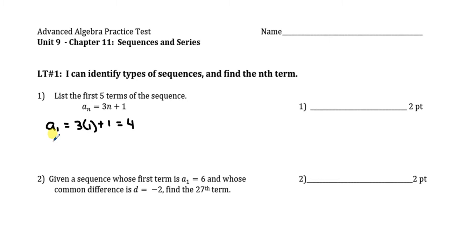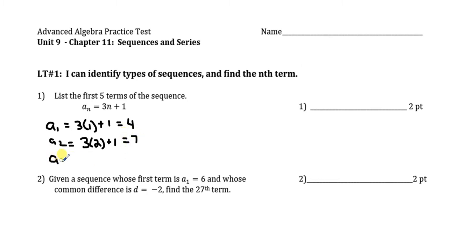And A2, plug 2 in for N, is equal to 3 times 2 plus 1. 3 times 2 plus 1 is 6 plus 1, which equals 7.